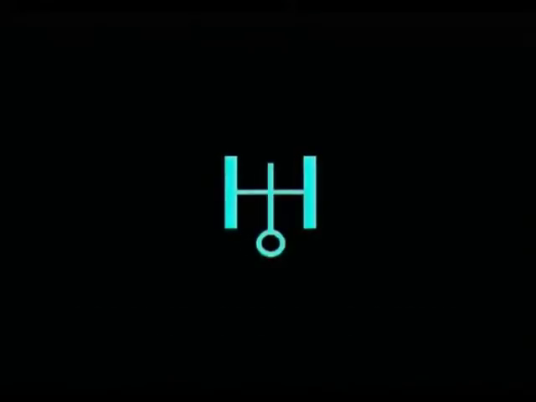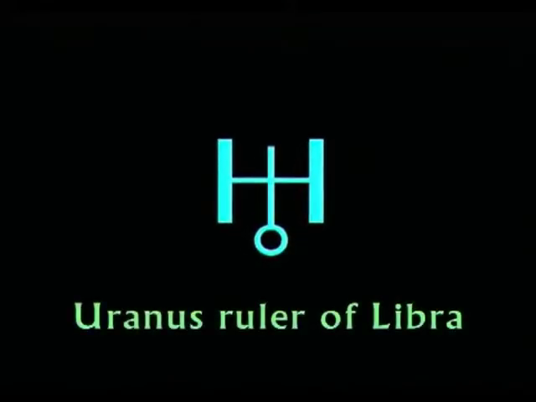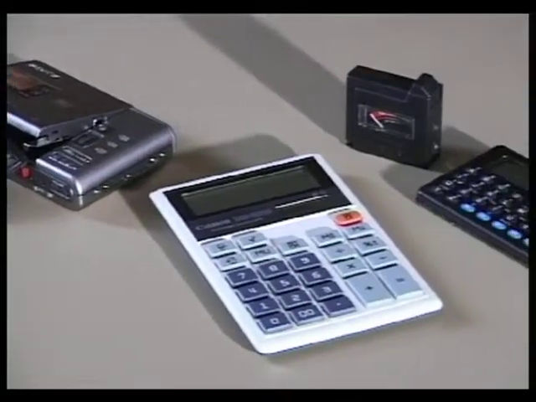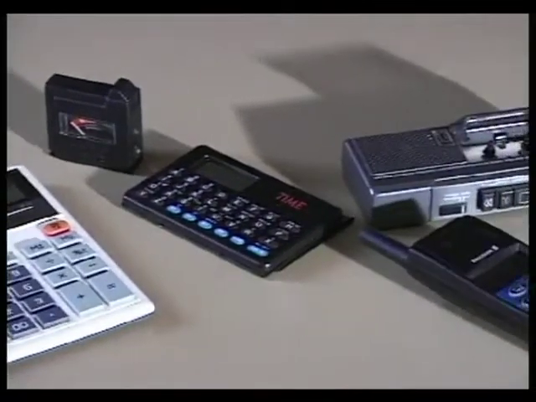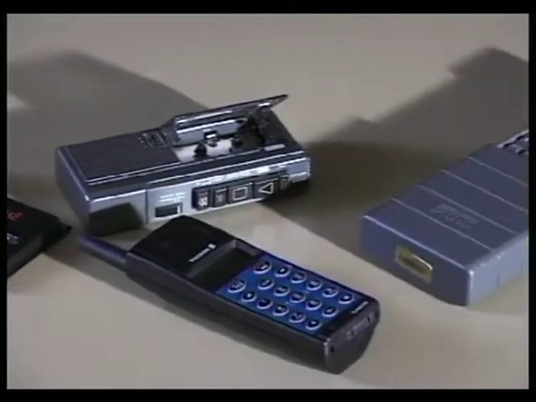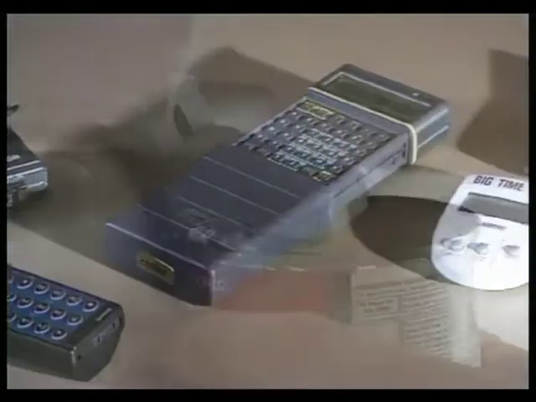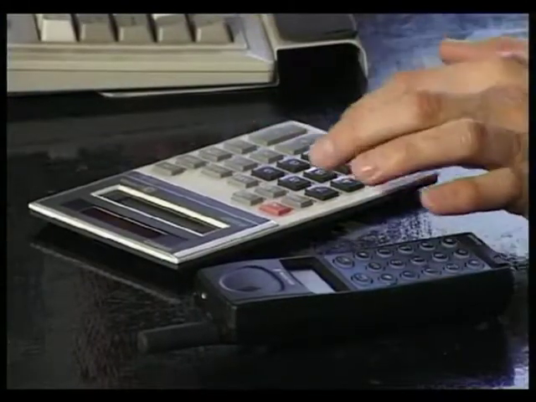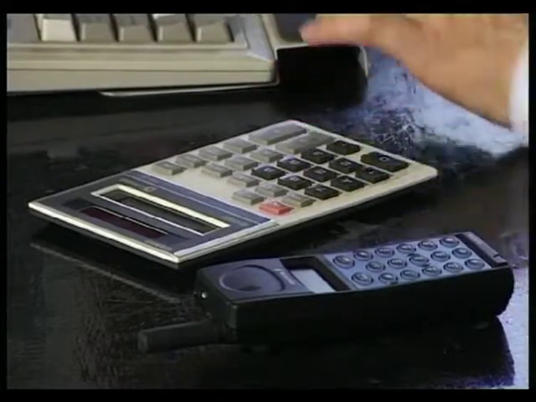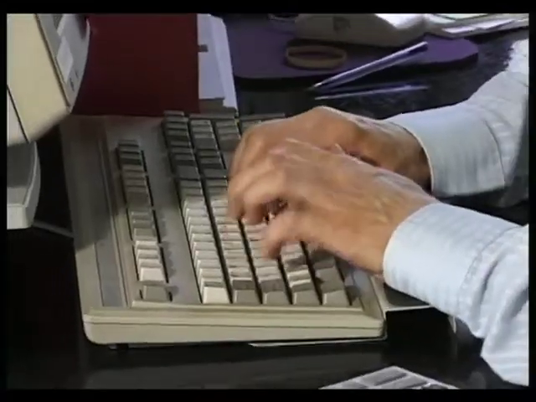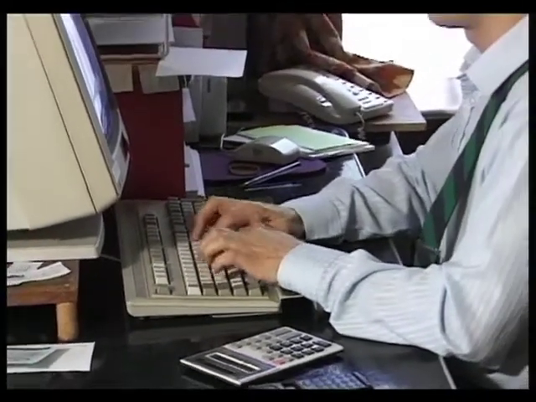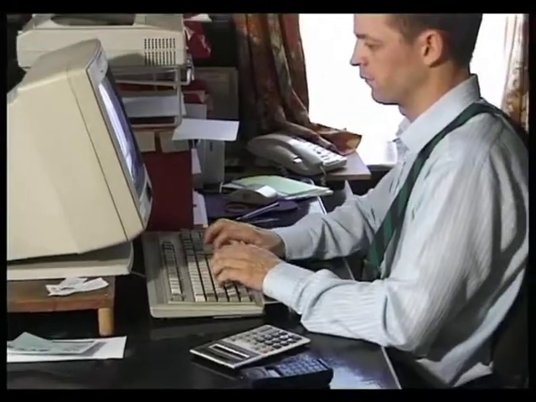Through the planet Uranus, which is the ruler of Libra, we have some strange connections with everyday objects and experiences. Uranus is the planet and Libra is the sign of gadgetry. Gadgets for the kitchen, gadgets for the office, and so on, and so on. With Sagittarius, Uranus rules computers and the programming work associated with them.